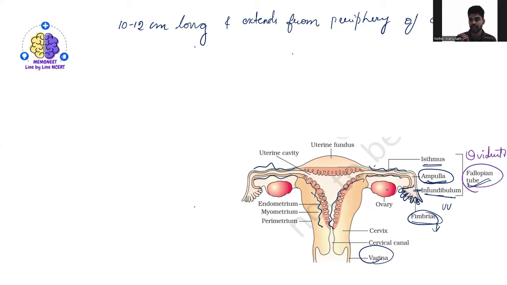Oviduct itself is the fallopian tube, so this is the wider part of the fallopian tube. The last part is always the isthmus, which is a narrow tube-like structure, and it joins to the uterus, the uterine cavity.